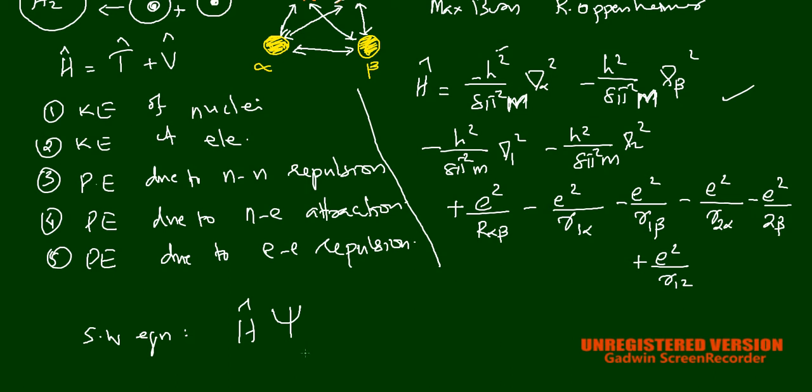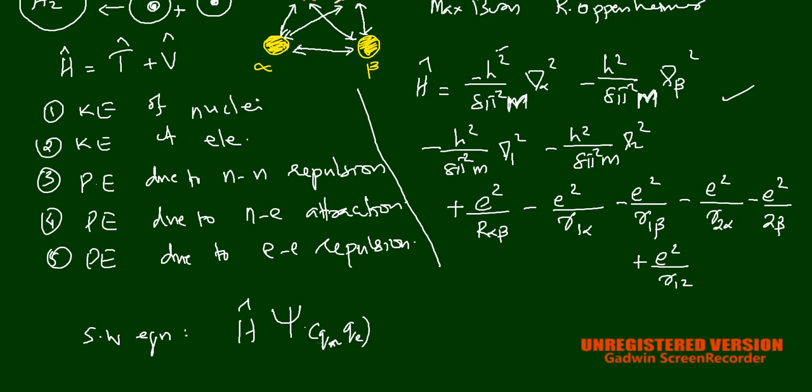Because we have the electron and nucleus, psi depends on Qn and Qe, where Qn represents the general nuclear coordinates and Qe represents the generalized electronic coordinates.